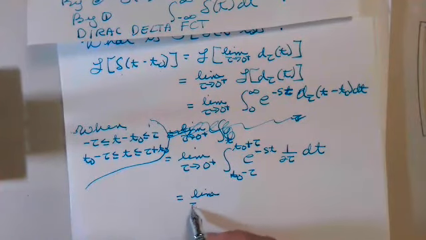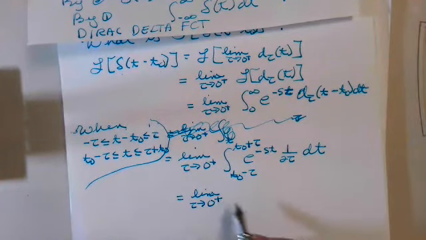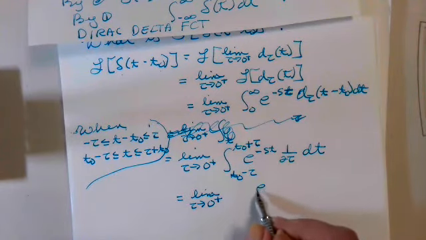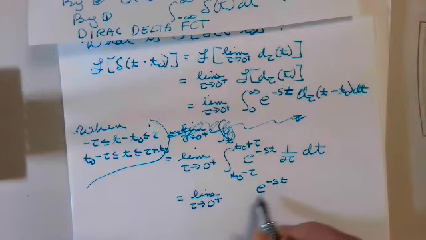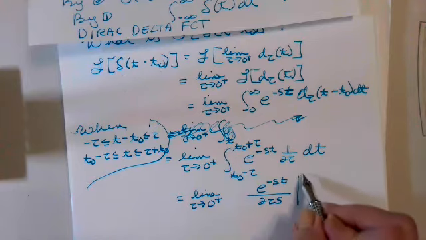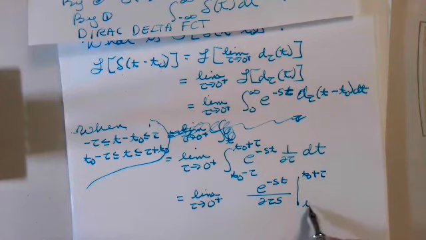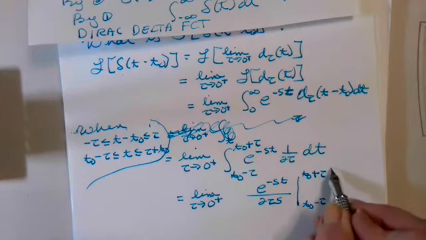So this is the limit as tau goes to 0 from above of, now you do the integral with respect to t. So you just get an e to the minus st divided by 2 tau s, evaluated from t naught plus tau to t naught minus tau.